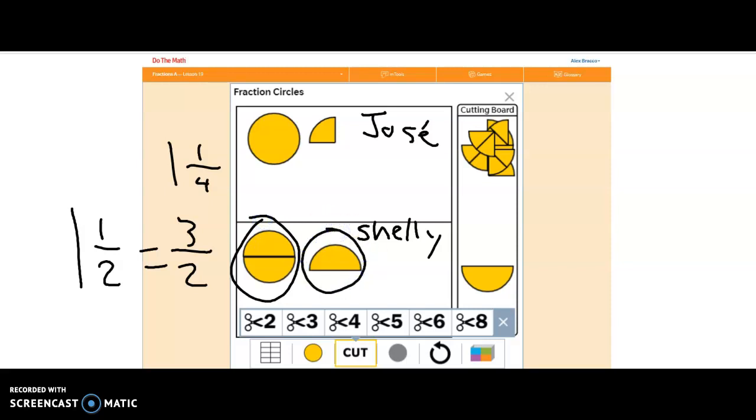So 1 1/2 is more than 1 1/4. So Shelly has more. All right, friends, I hope that you kind of get the gist of what's going on here. If you need my help, I'm just an email or phone call away.